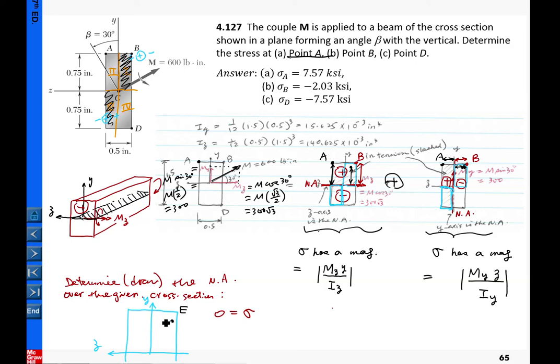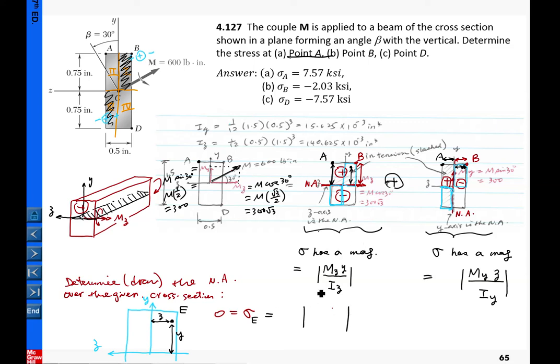Okay, so for E, we know the distance. Let me label this one. That is E's Z coordinate, and this distance is given by E's Y coordinate. E right now is simply a superposition of the two subsystems. We simply follow the same template.